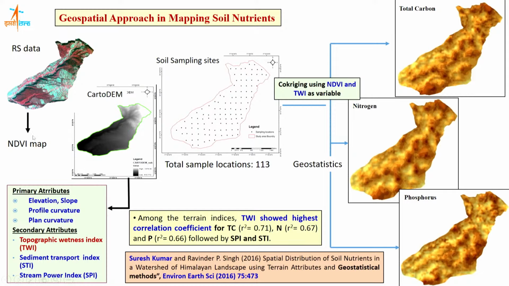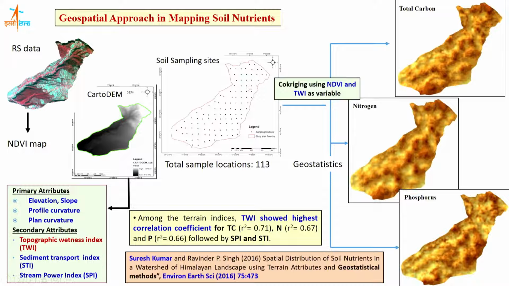You can generate the NDVI map or spectral index. Here you have the digital elevation model, Cartodem. You can generate the various terrain attribute maps: the primary terrain attributes and secondary terrain attributes. And these are the soil sampling points.